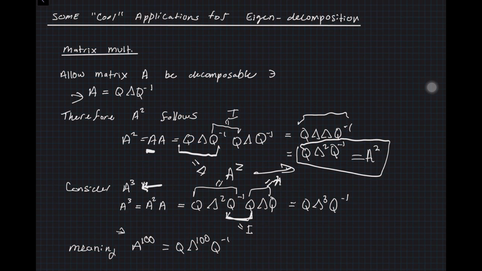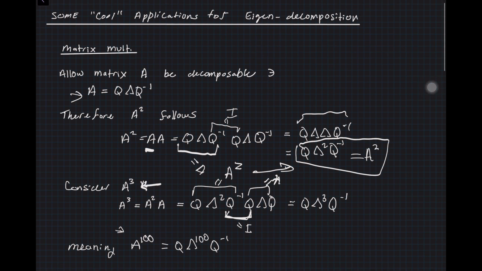So now that you do all the multiplications and reduce, you have that A cubed is equal to Q times lambda cubed times Q inverse.